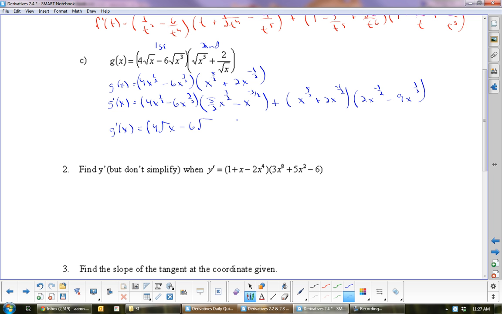Minus 6 root x cubed times 5 over 2 root x cubed minus 1 over root x cubed, plus, don't forget that plus sign, root x to the 5 plus 2 over root x, minus 9 root x. That would not be fun to simplify.